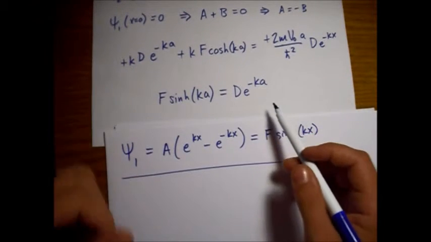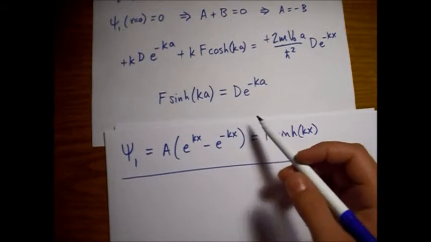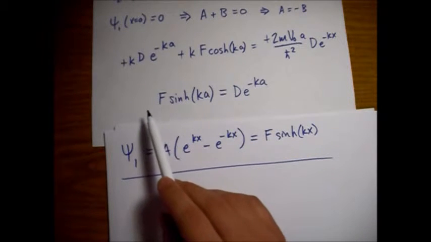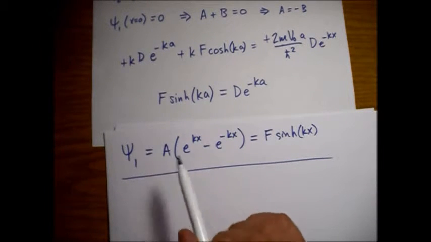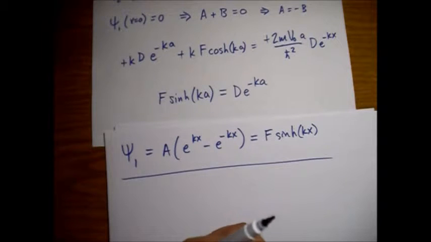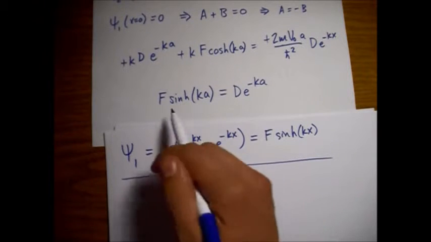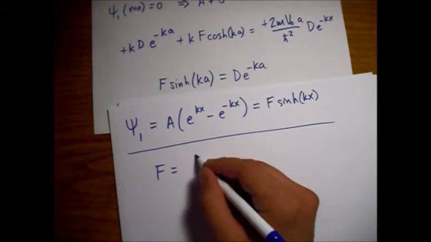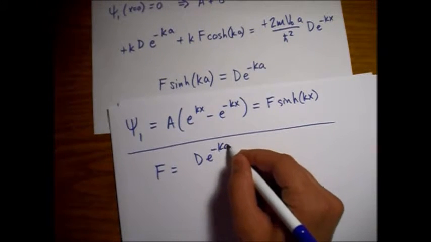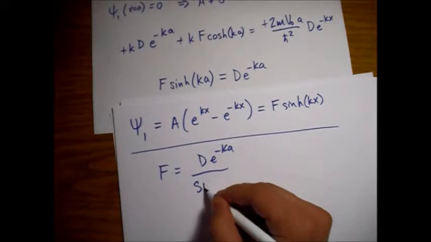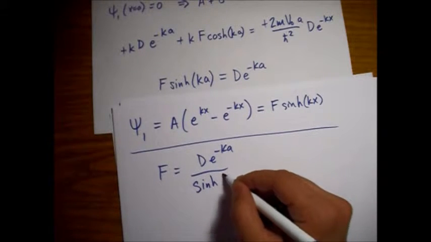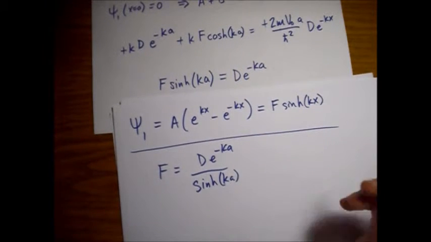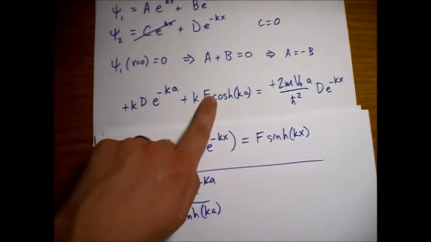So how should we do this? Let's solve for F. So F is equal to D e to the minus ka divided by hyperbolic sine of ka. And now we'll plug this in up here.